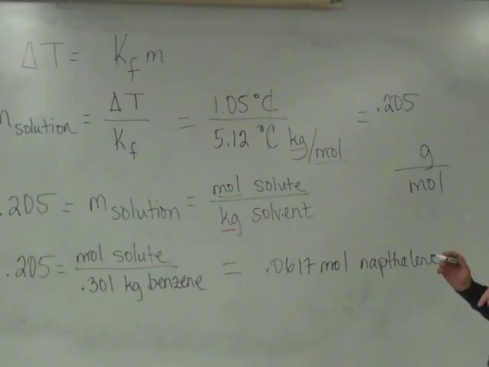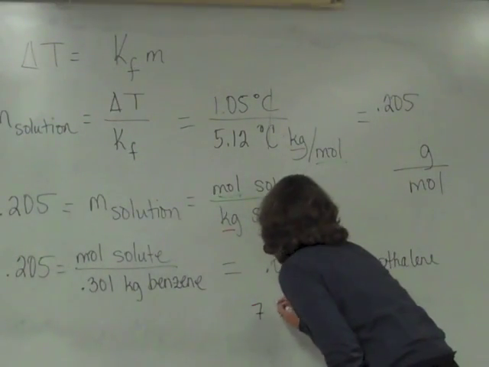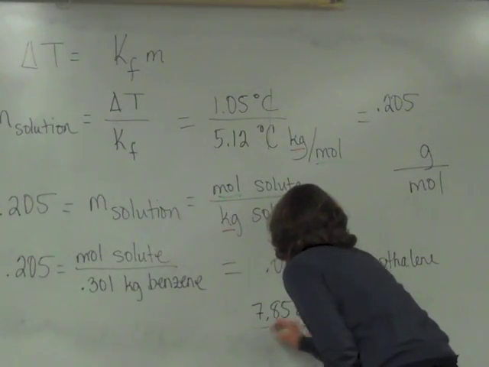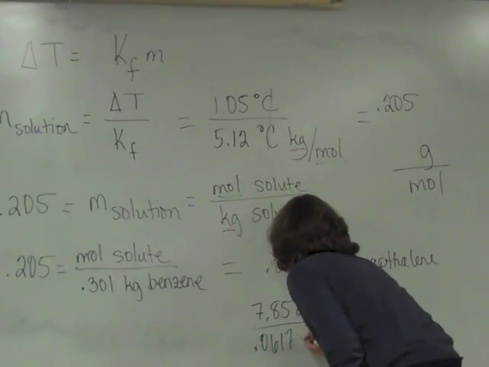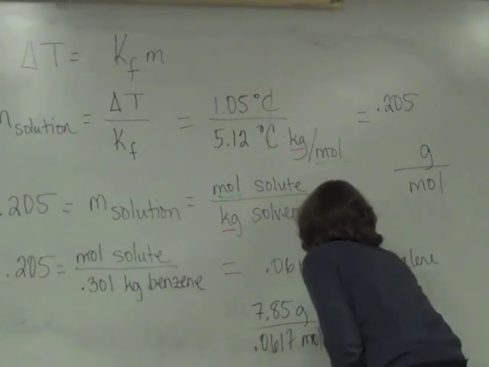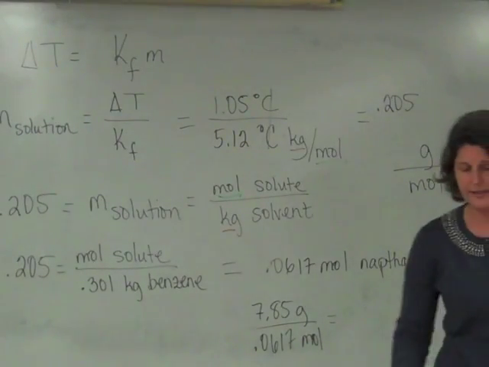Says our problem, we have 7.85 grams divided by 0.0617 moles. All right, you guys do the division, and I will check to see that you have the correct answer tomorrow for the molar mass of naphthalene using freezing point depression to find it. Okay, we're done.